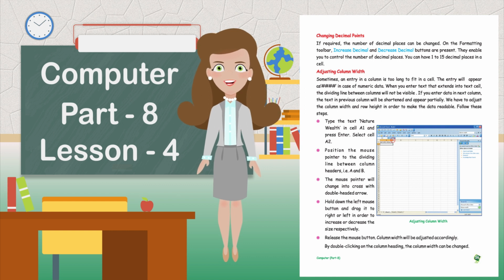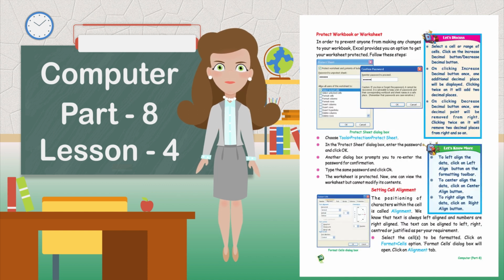Hold down the left mouse button and drag it to right or left in order to increase or decrease the size respectively. Release the mouse button. Column width will be adjusted accordingly. By double-clicking on the column heading, the column width can be changed.